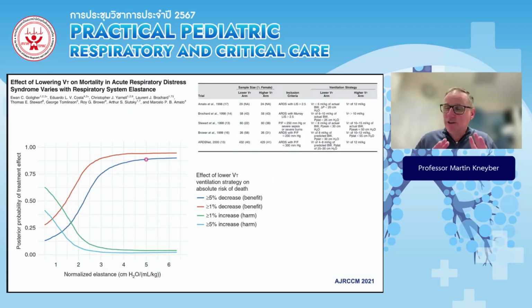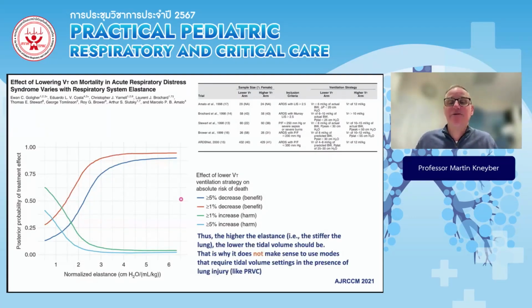And despite the fact that this is physiology and seems obvious, we still need systematic reviews like this one from Ewan Gallagher and Marcelo Amato, amongst others, published in Blue in 2021, again pooling the adult trials that compare two different tidal volume strategies. And again, underscoring that the effect of low tidal volume on the absolute risk of death is only among those with a high elastance, which is a low compliance.